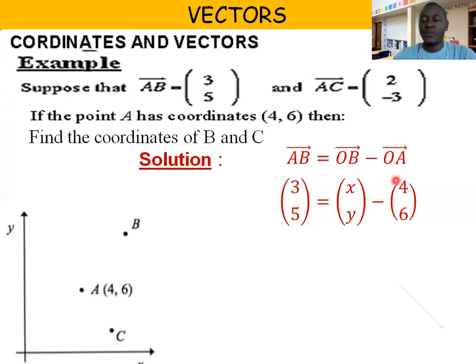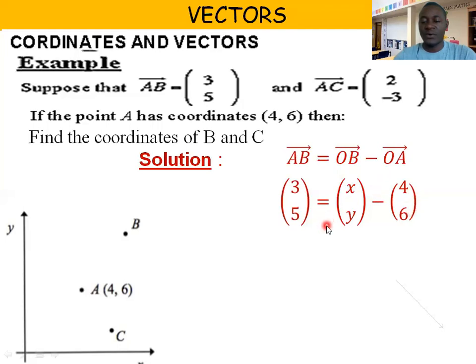Meanwhile, the position vector for the point A, which is OA, is (4, 6). And how do I know that? I am given the coordinate of A. Coordinate of A is (4, 6). So the position vector of A will be the column vector (4, 6).